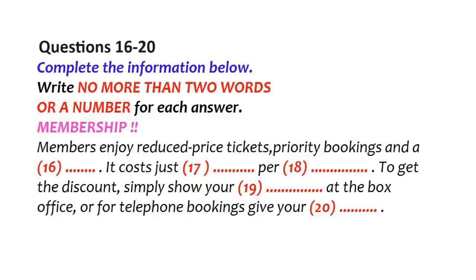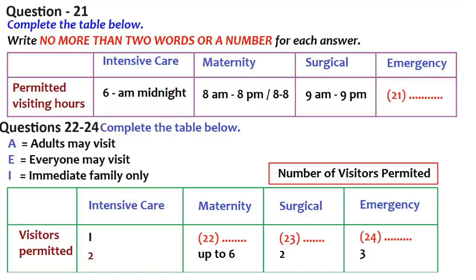Now turn to part 3. Part 3. You'll hear a conversation between Mrs. Lamb, a member of the staff in a large hospital, and Andrew, who is a student in the nursing school. Mrs. Lamb is explaining the rules about visiting hours in the hospital.